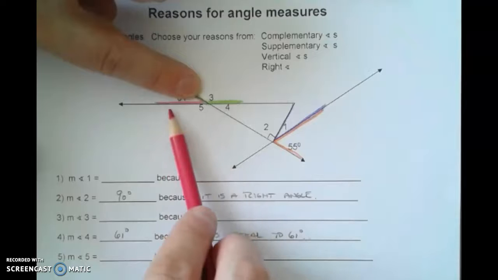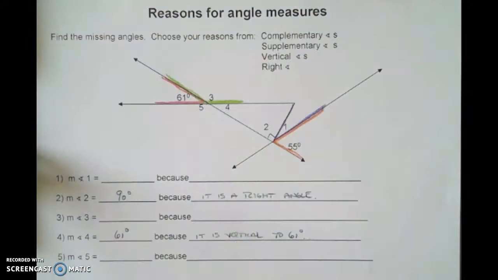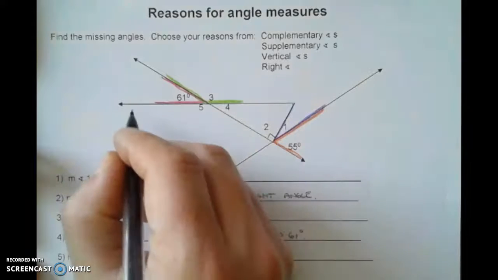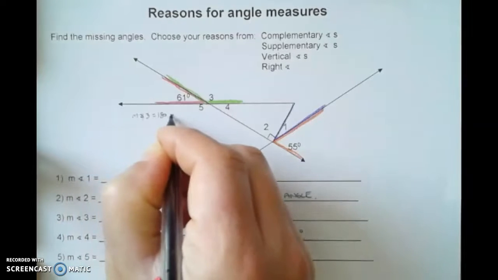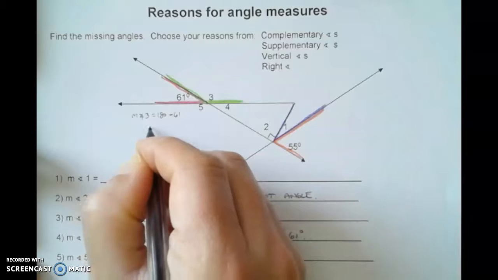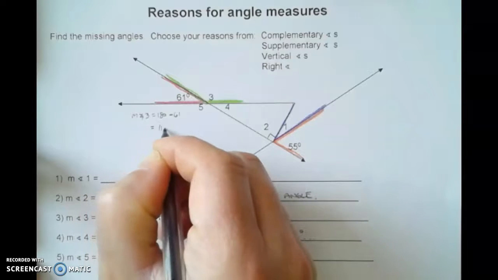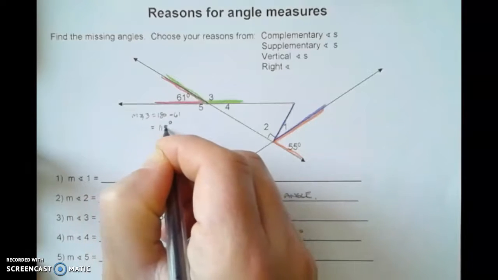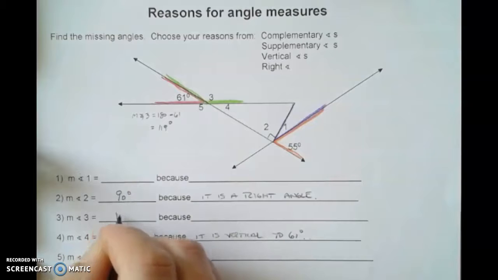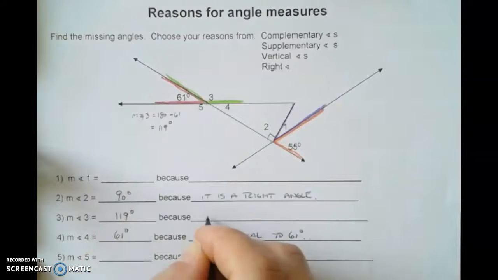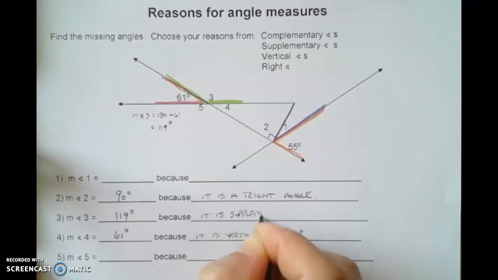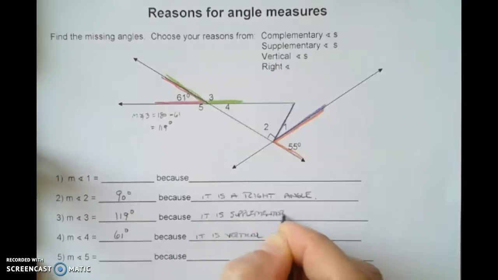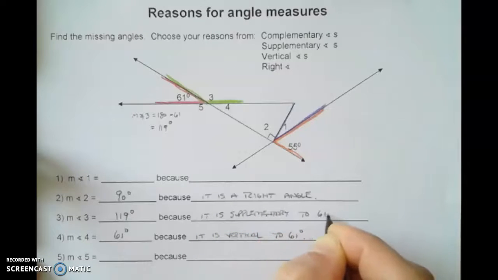So angle 3 and 61 degrees are supplementary angles and add up to 180. So to get the measure of angle 3, we just have to take 180 and subtract off 61, which is going to give us 119 degrees. So angle 3 is 119 degrees because it is supplementary to 61 degrees.